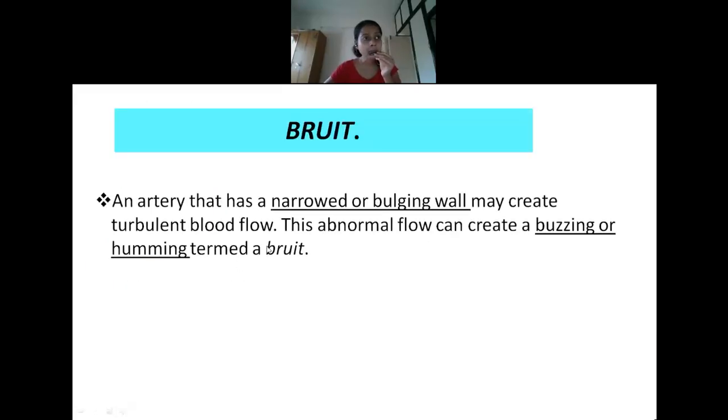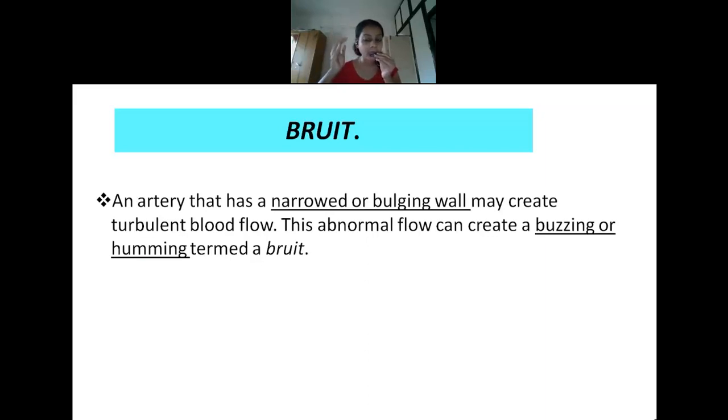The next term that we are going to see is bruit. Now, an artery that is narrowed: if you consider a pipe that is very narrowed and water is going through that pipe, what will happen? Narrow pipe means most of the time the water flow is at very high speed, isn't it?